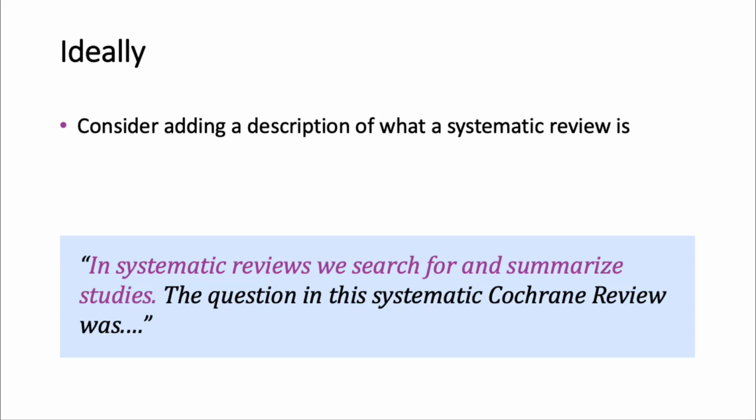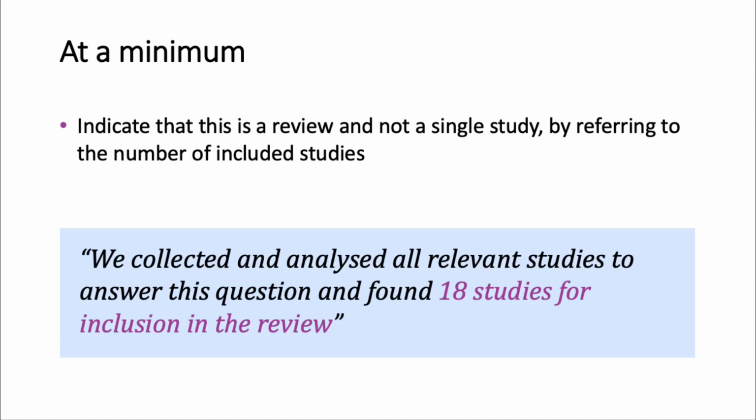In the checklist, you can find more examples of brief ways of describing a systematic review. Also, you should refer to the number of included studies in the review, since this helps support people's understanding about how a systematic review differs from a single study. This strategy can also be useful for more expert readers who could be actively looking for that information.